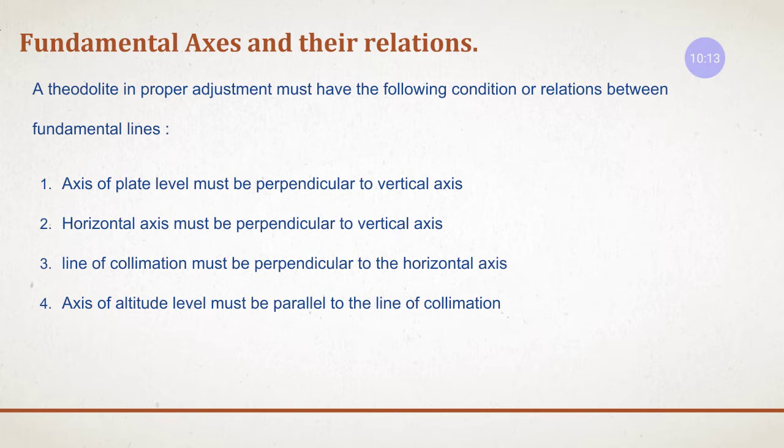If these axes are not as given, then your theodolite will not serve the purpose, because if these axes are not perpendicular to each other, we will not get the accurate results that we require, because the whole functioning of the theodolite depends on these fundamental axes.